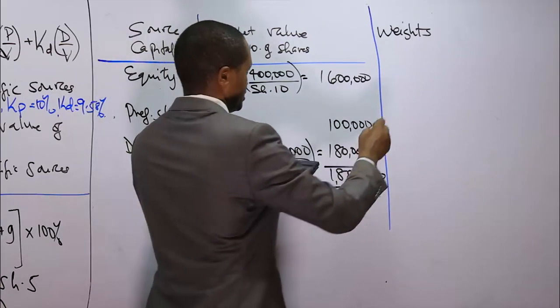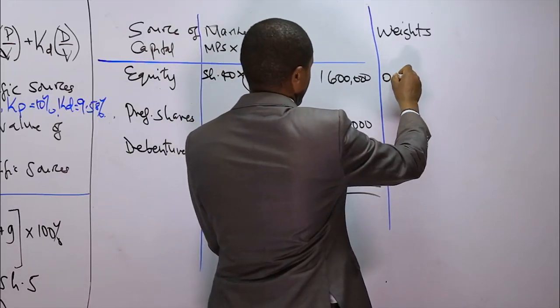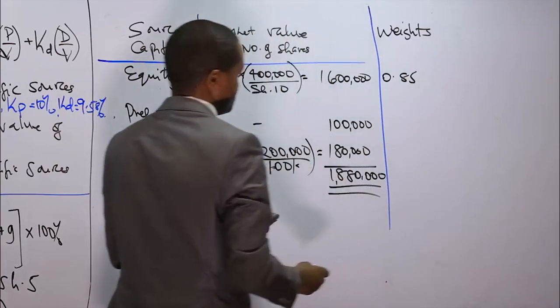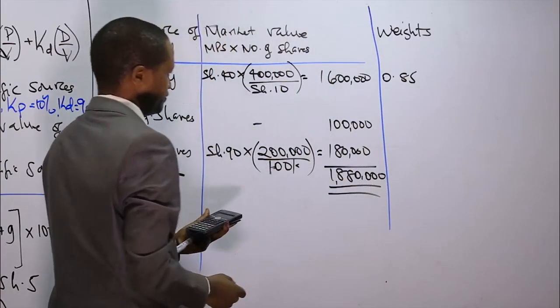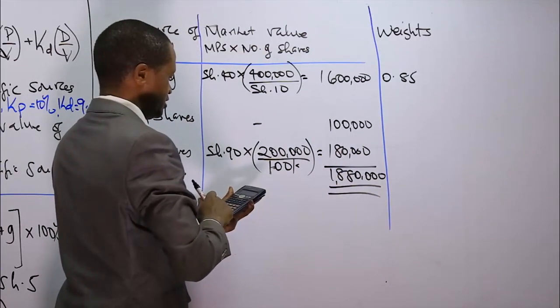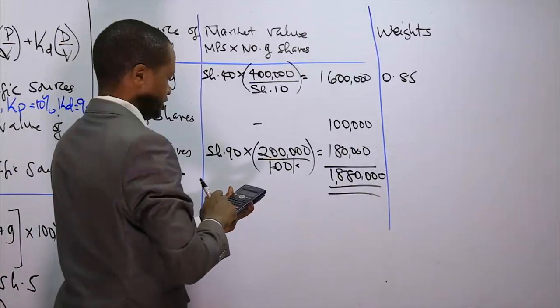The weight here is 0.85. For preference shares, 100,000 divided by 1,880,000.